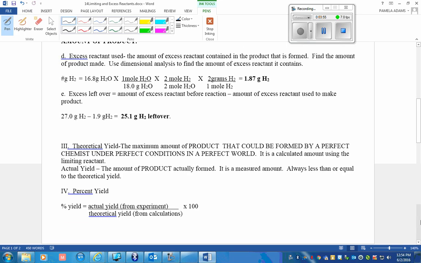The theoretical yield is the maximum amount of product that can be made by a perfect chemist under perfect conditions in a perfect world. It really is just the calculated amount using the limiting reactant. Here's a real world analogy for you. I'm sure most of you have made Toll House cookies.